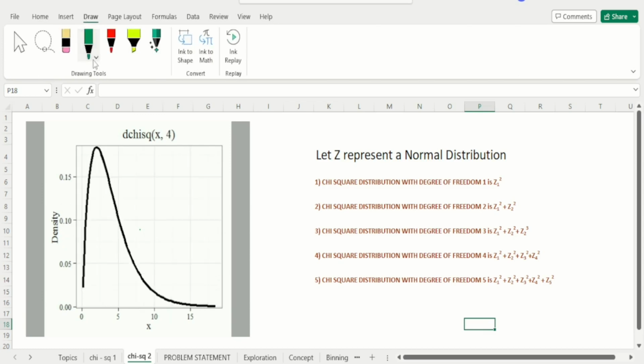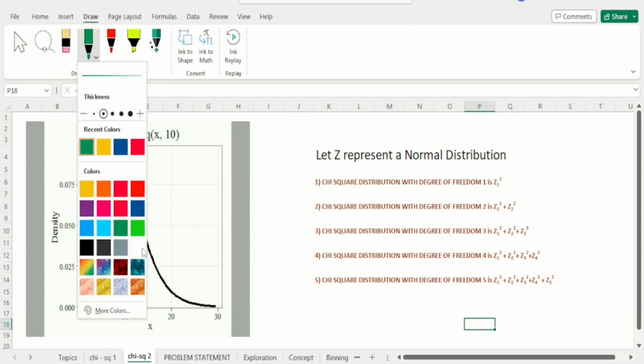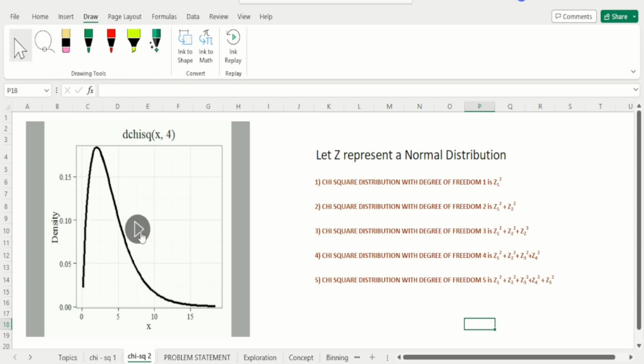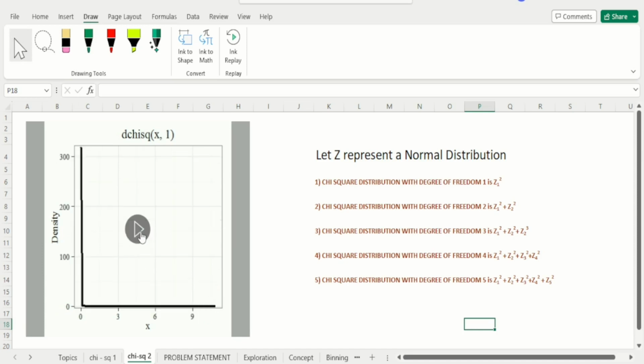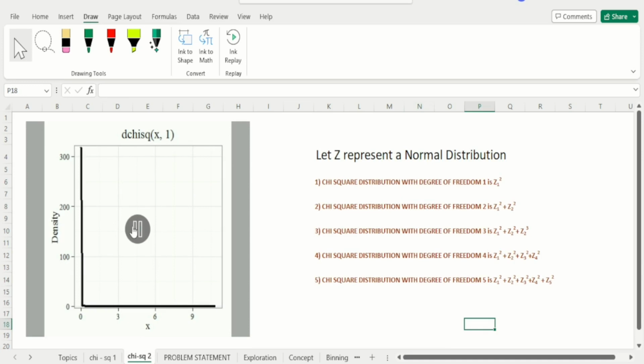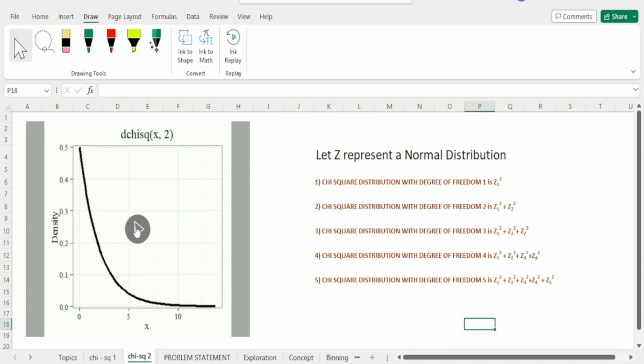Okay, so all right, let's go ahead and stop this. In fact, yeah. So what you see on the screen right now is very similar to the degrees of freedom 1 chi-square distribution that we just looked at right here. That's the red colored line. Let's play this further. This becomes your degrees of freedom 2 chi-square distribution.